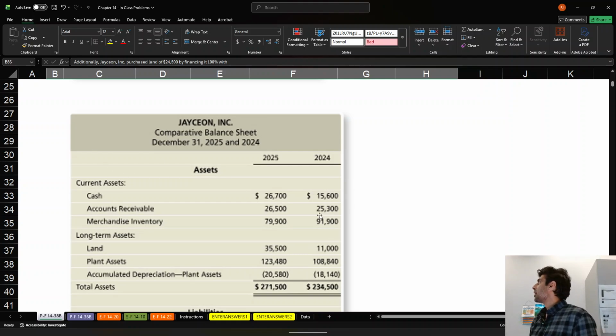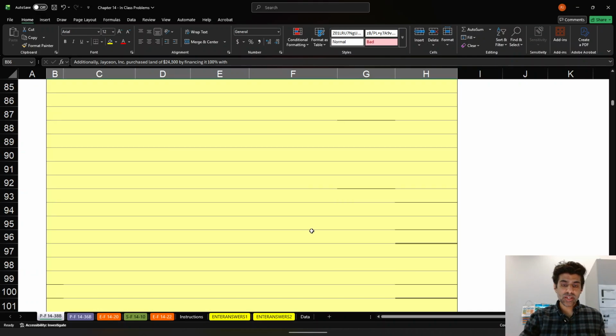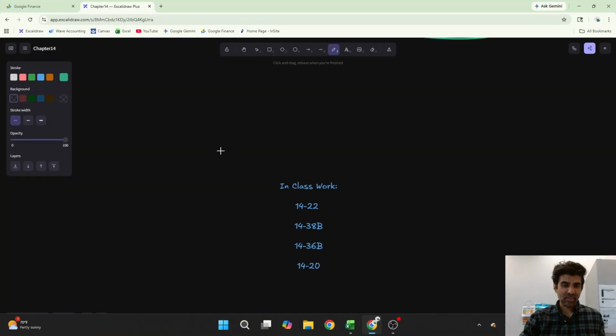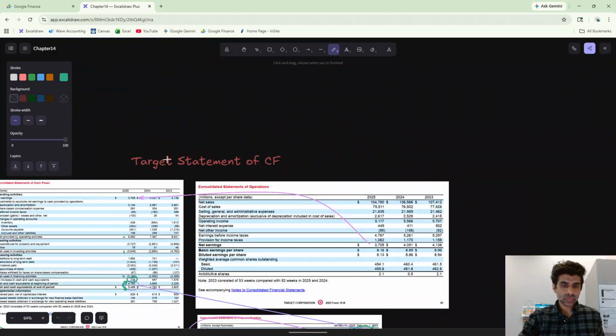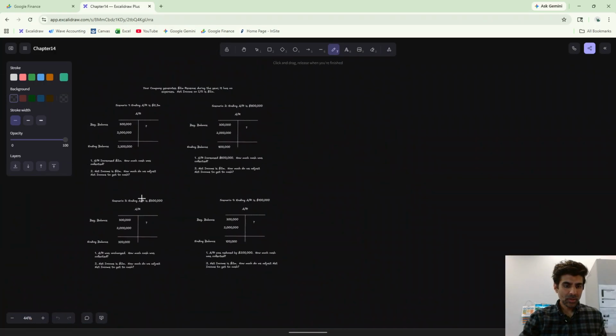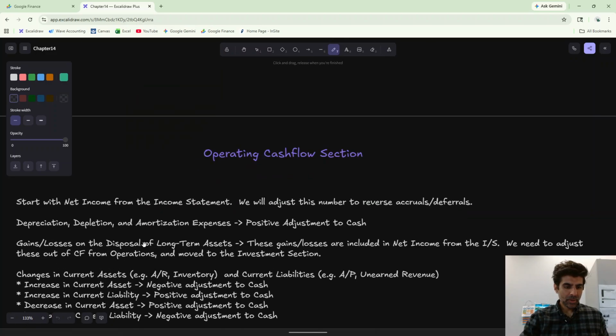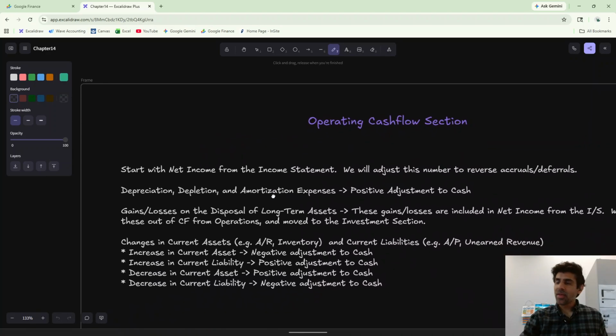Okay, so again, for the operating section, you have the add backs. Okay, so again, I would go back to this slide, this is kind of giving you the outline.